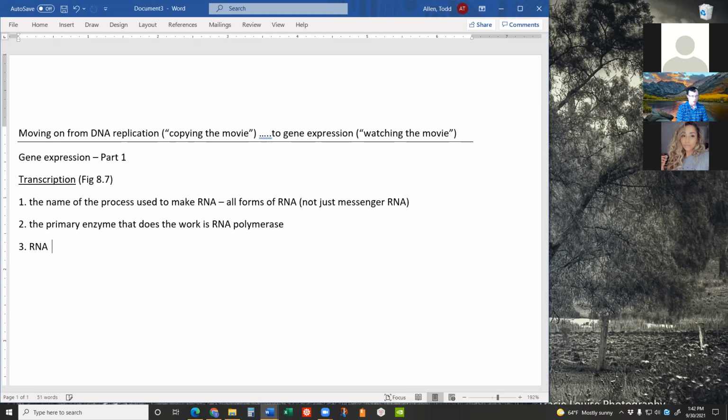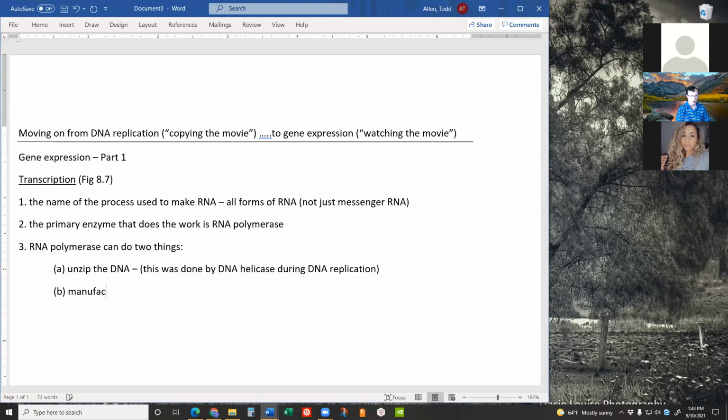So RNA polymerase can do two things. It will unzip the DNA, and I'll put in parentheses, this was done by DNA helicase during DNA replication, and it can manufacture RNA.